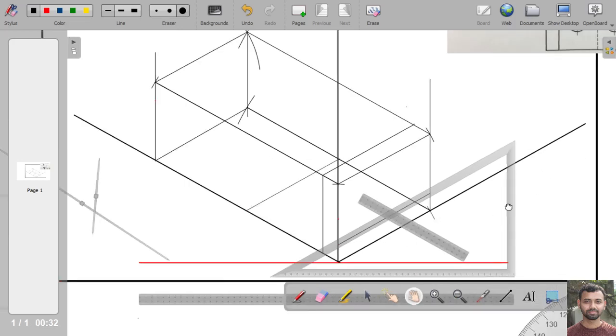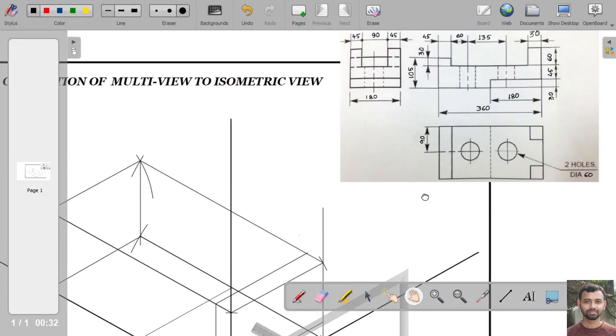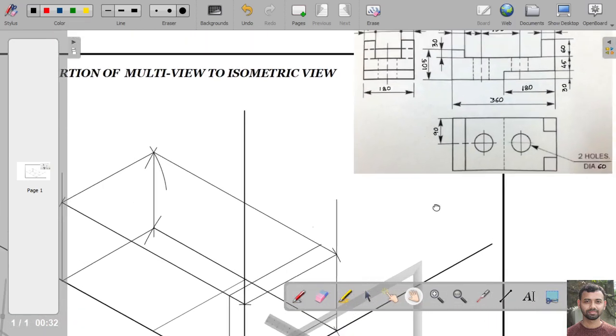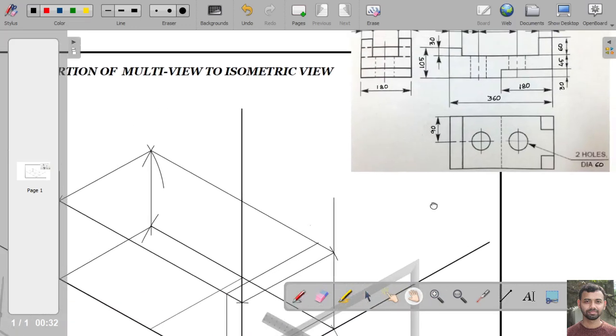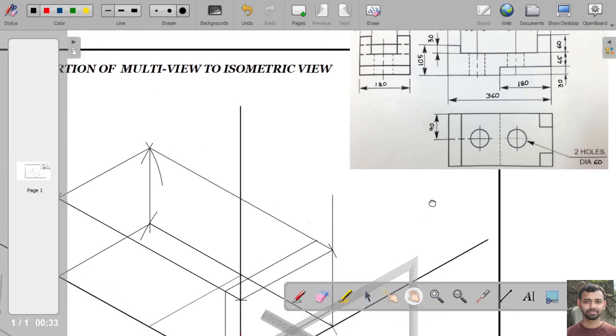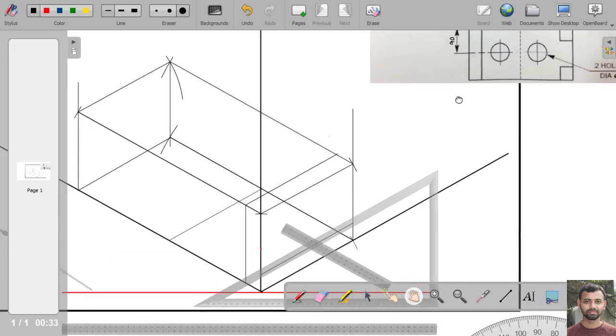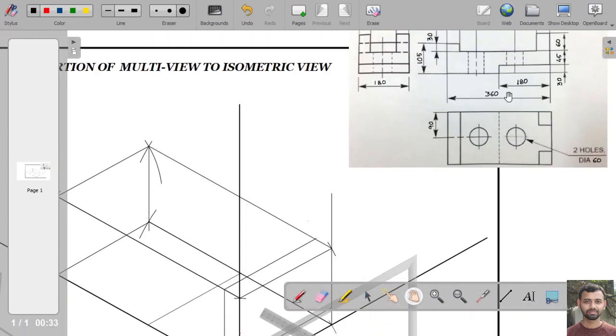Okay, and then at a height of 60 mm we can draw this isometric line, and at the height of 45 mm we can draw this isometric line.